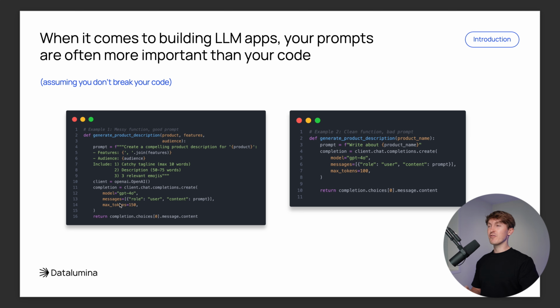On the left here, we have a very messy function with an OK prompt where there are some variables in there and we can give some context to the model, some guidelines, maximum words, maximum lengths, etc. But very messy code, something that you do not want in your code base. On the other hand, example 2, we have a very clean function, but a bad prompt. It's just "write about product name."